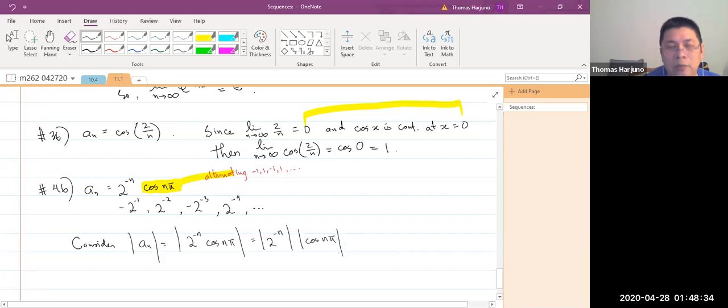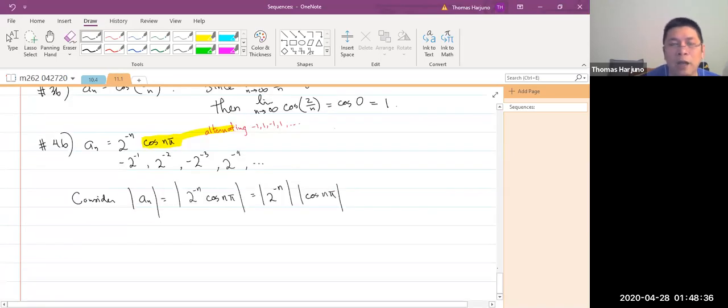Is it right? Now, 2 to the negative n is always positive, so I can take the absolute sign off, while for this guy here, the inside is either negative 1 or 1, such that with the absolute value, it will always be 1.